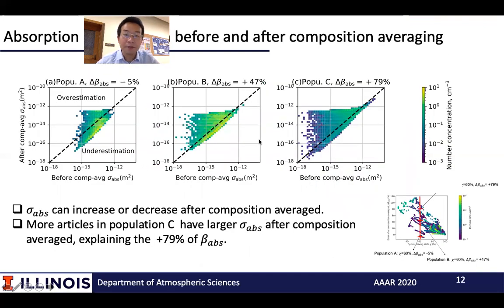This is the particle absorption cross-section before and after composition average, and we can find the particle cross-section can increase or decrease. For population C, with the largest overestimation, more particles have a higher cross-section after composition average.